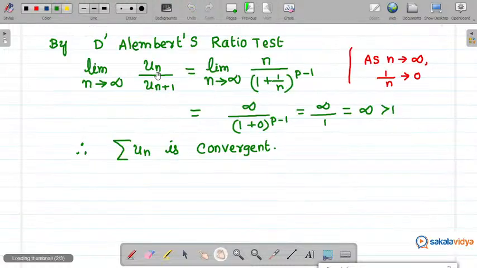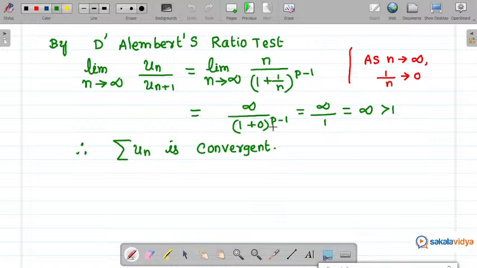So, next now by D'Alembert's ratio test, by applying limit n tends to infinity un by un plus 1, limit n tends to infinity n by 1 plus 1 by n whole to the power of p minus 1. As n approaches infinity, 1 by n tends to 0. So, in the place of 1 by n, 0, in the place of n, infinity.